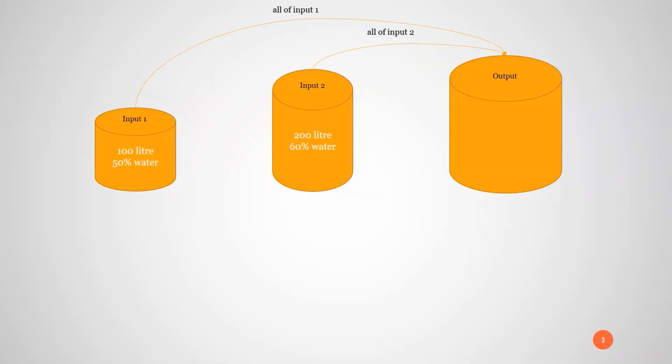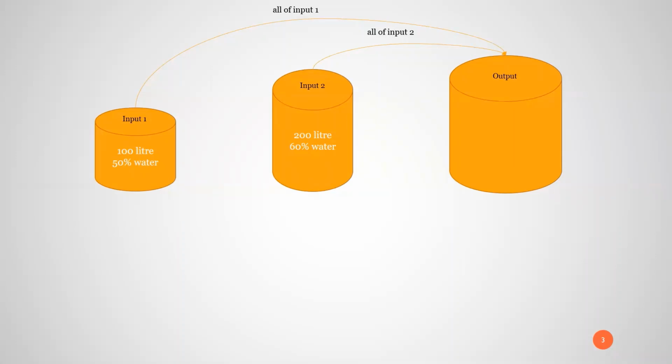Very simple example. Assume that we have two types of materials we are willing to mix. We will consider two cases for this. In the first case, we use all of the inputs to produce the output. I mean that all of input number 1 and all of input number 2 will be mixed together to produce the final product.